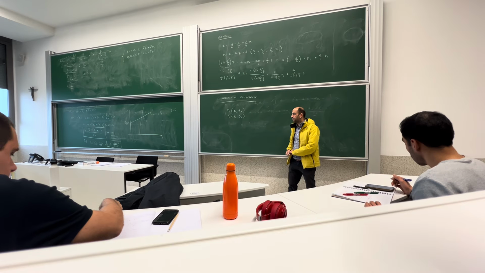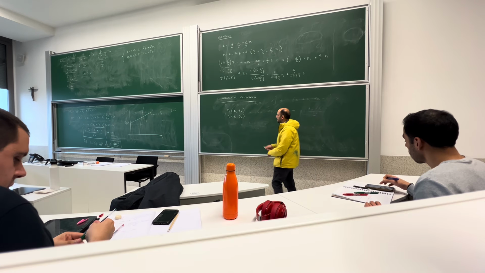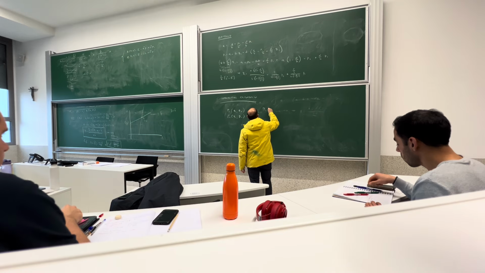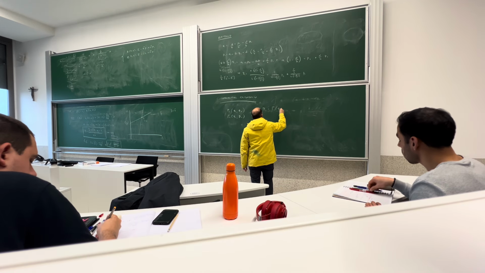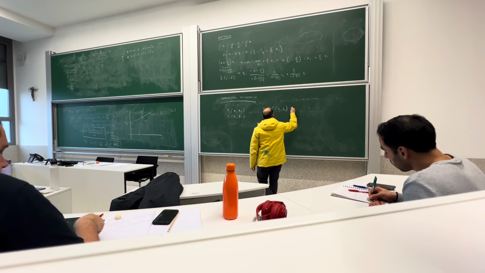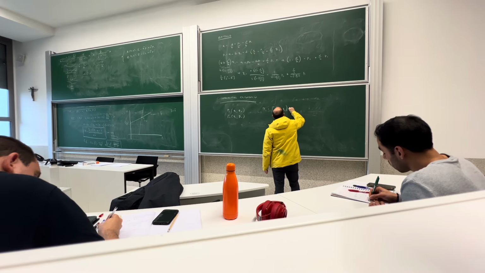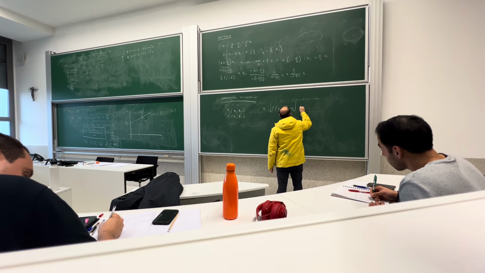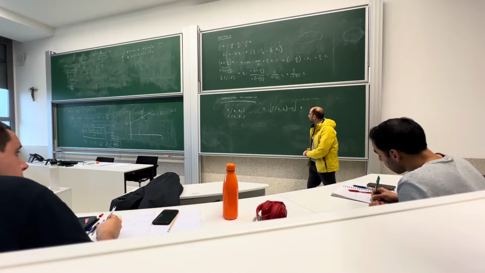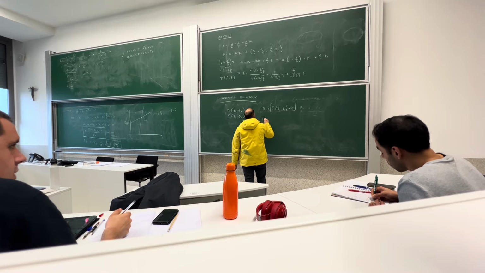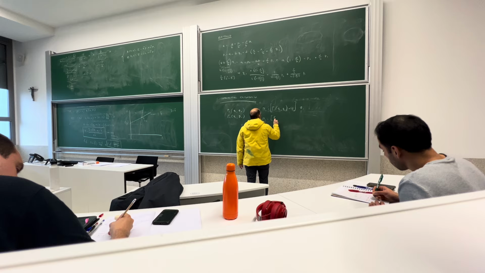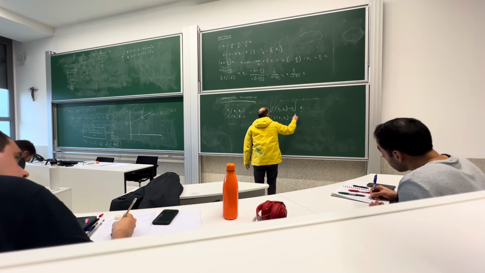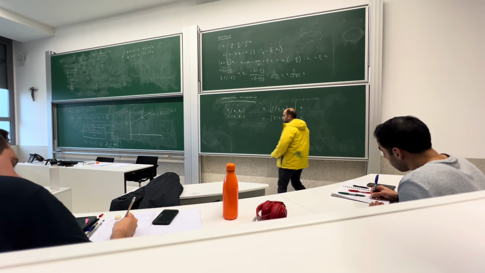And let's say they have the same marginal cost, equal to C. The profits of firm 1 are equal to P1 of Q1 and Q2 minus the marginal cost times the quantity of firm 1. And the profits of firm 2 are equal to the price of firm 2 as a function of Q1 and Q2 minus C times the quantity of firm 2.